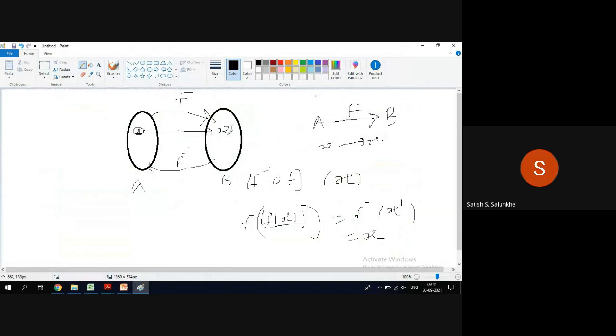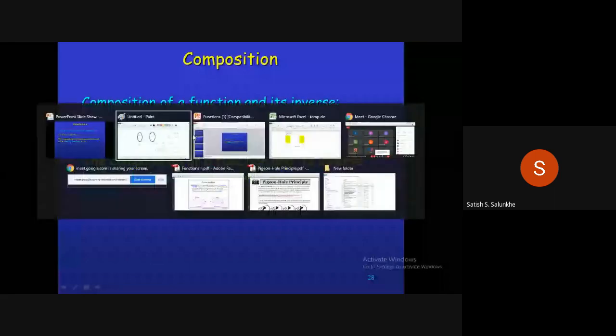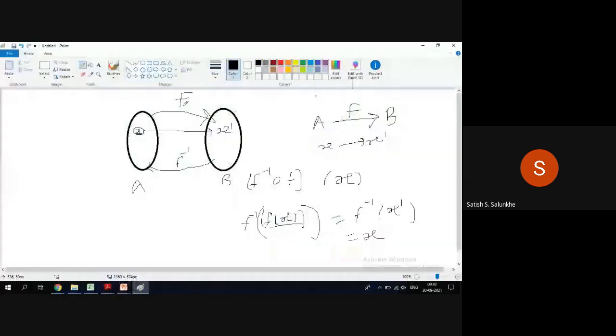Chetan? Yeah. Now we are evaluating this composition. So f of x is x dash. Since f is a bijective function, its inverse f inverse will also be a bijective function.